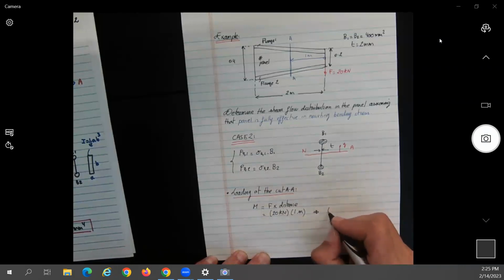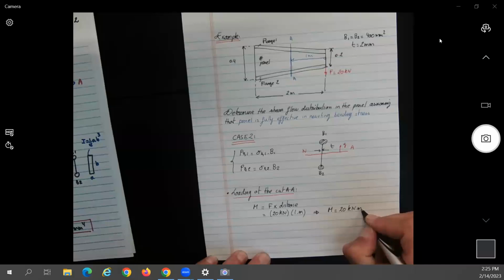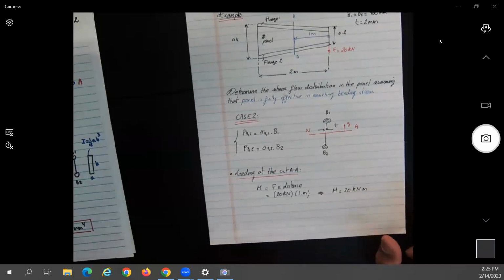So this will give us M equal to 20 kilonewton meters.